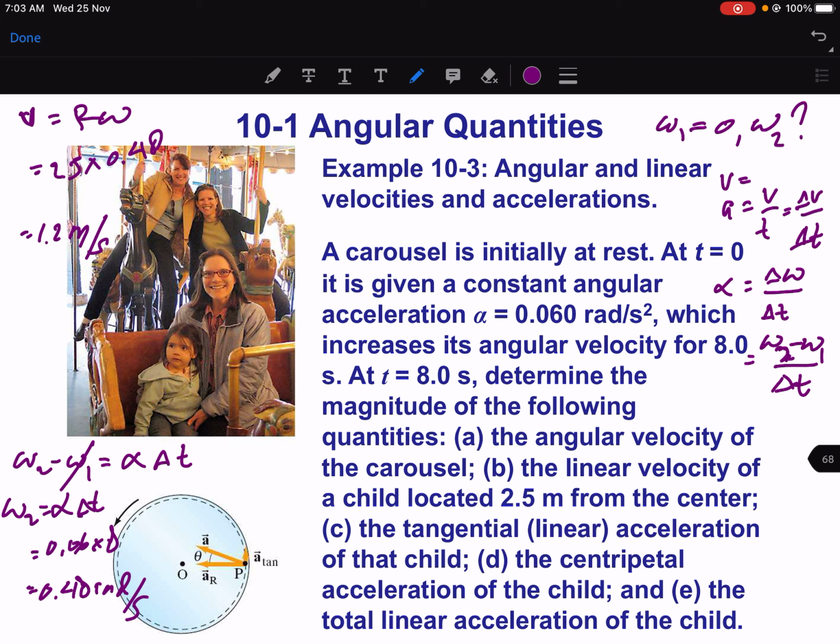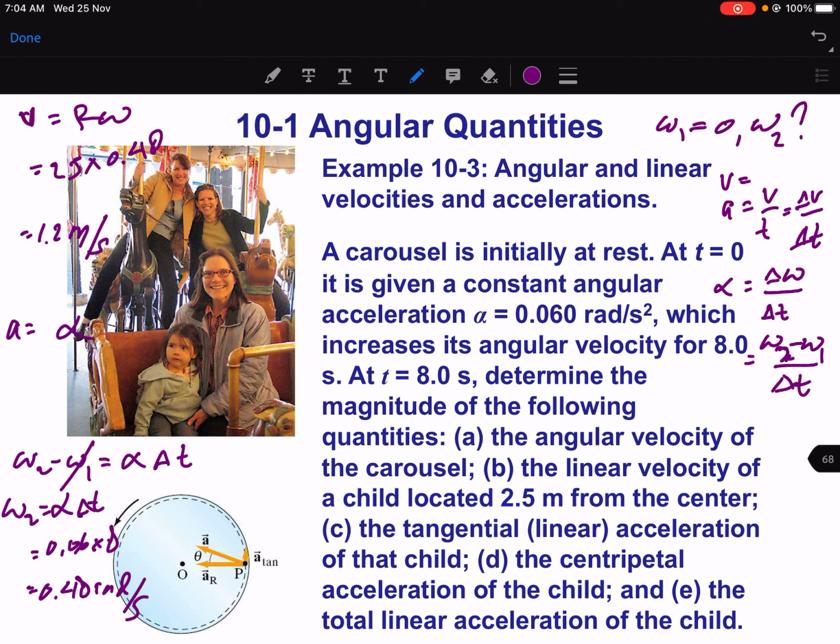Okay. C, the linear acceleration of the child. Linear acceleration, a. It's also straightforward. Angular acceleration alpha is given, right?